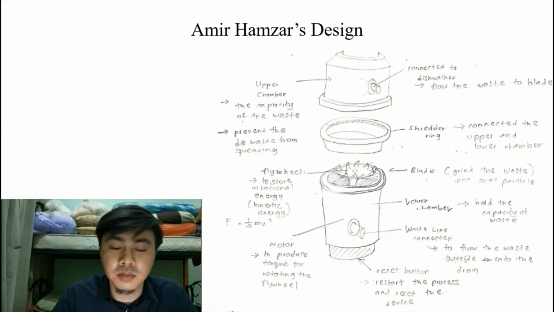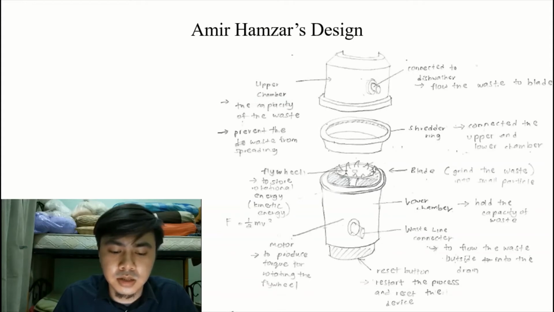He also set up a resilient sound channel to reduce the operating noise. He also placed sensors so that when water and food waste pass through, the motor starts spinning and destroying it. This design uses a stainless steel cover as it is lightweight and has a shiny surface.